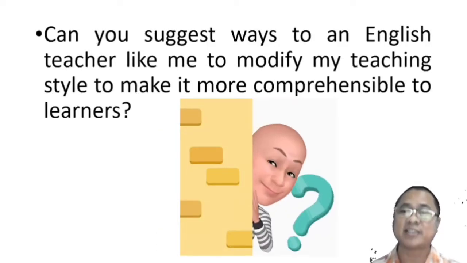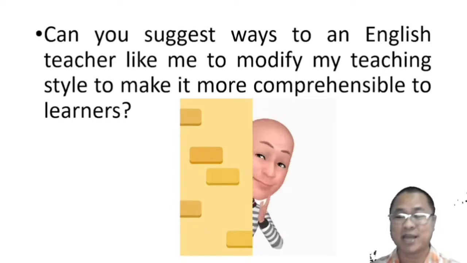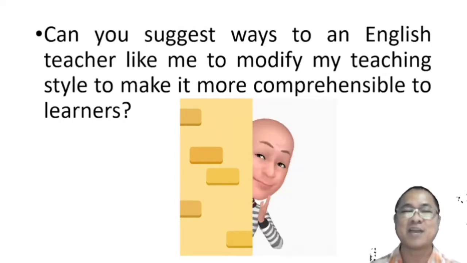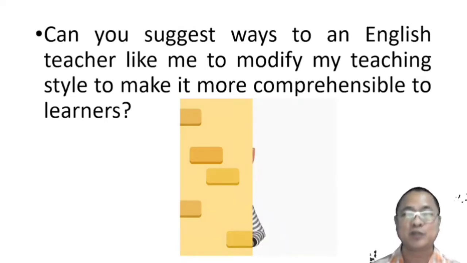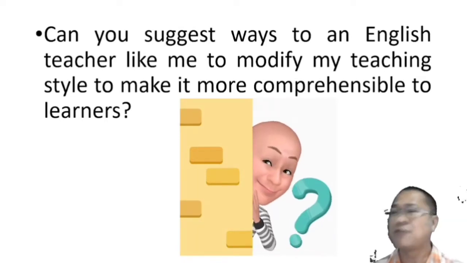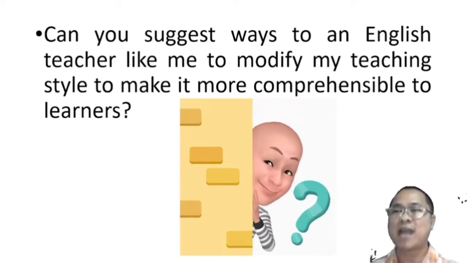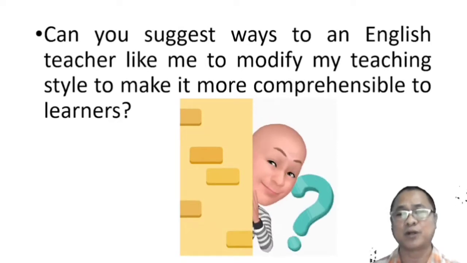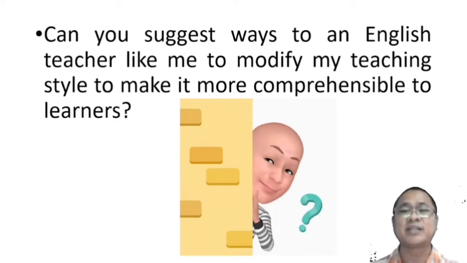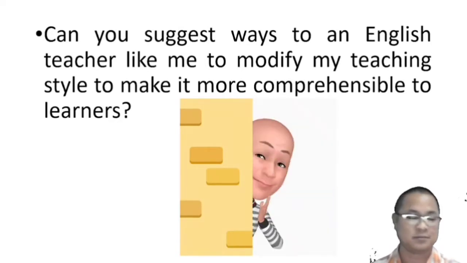Can you suggest ways to an English teacher like me to modify my teaching style to make it more comprehensible to the learners? I felt bad, really so bad, when I heard their answer. But I was very sure that they could use in and on.